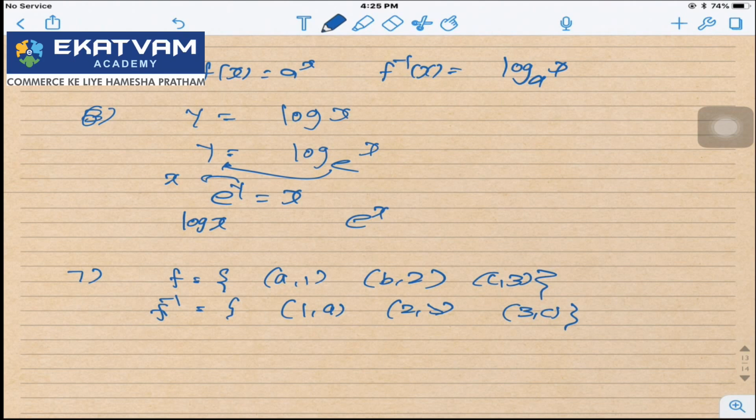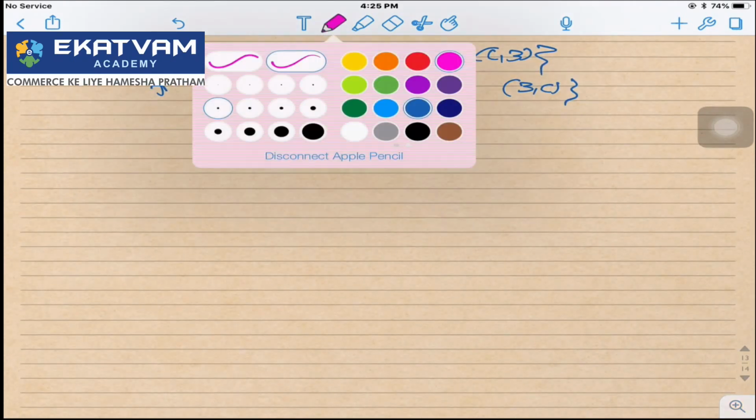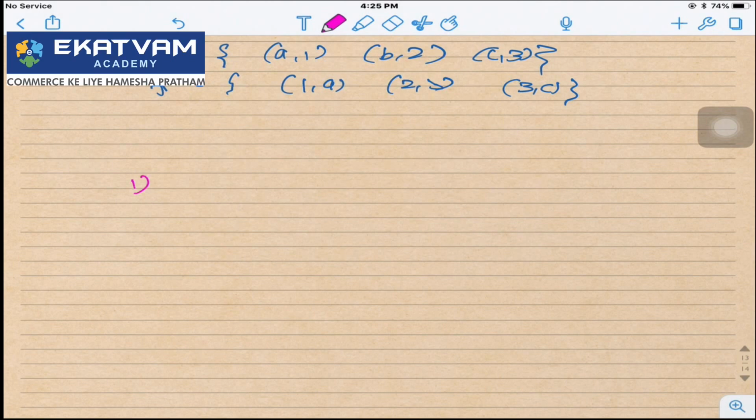And the last part in that is the type of relation. Tell me, what are the different types of relation? What do you mean by reflexive relation? A related to A. What do you mean by symmetric?